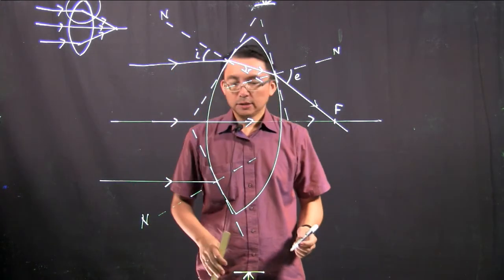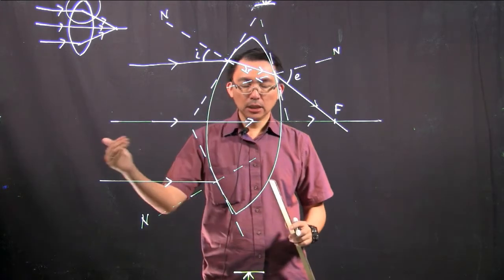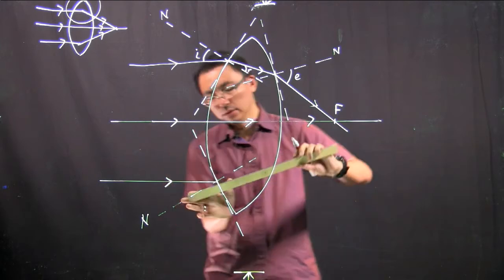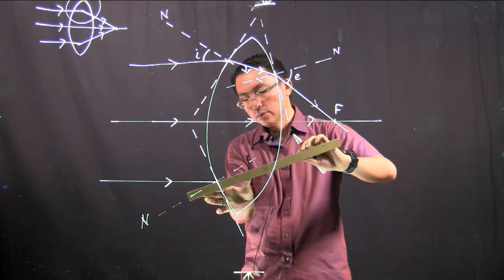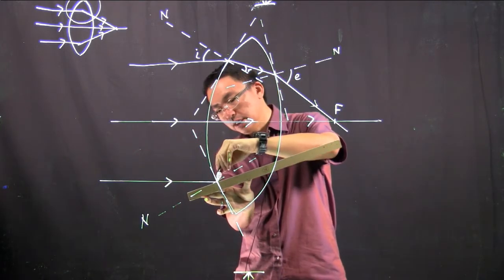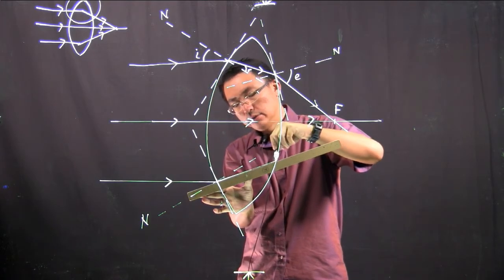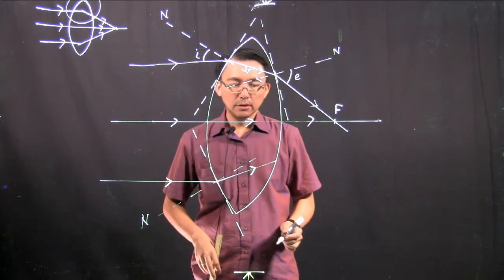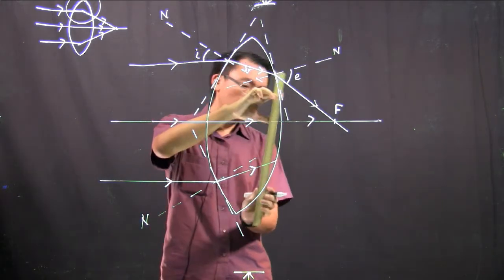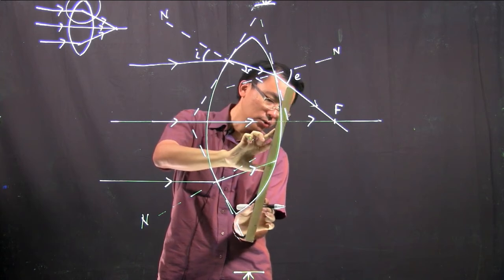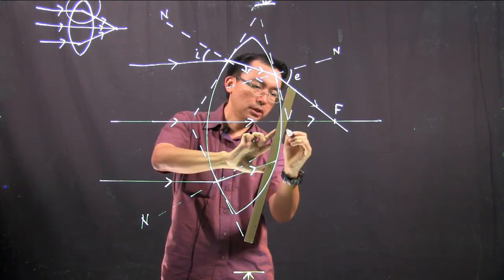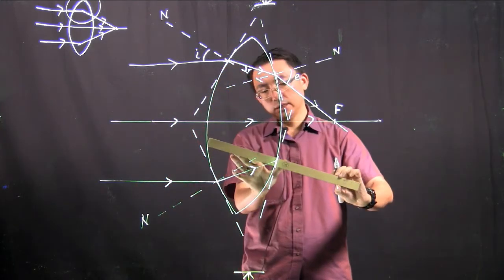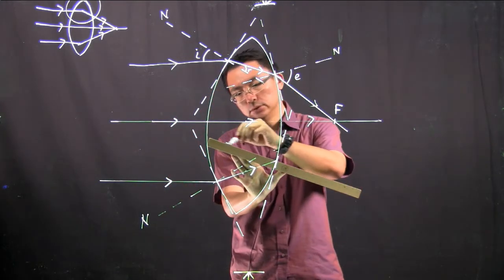Same as before, from a less dense region into a denser region, which is the lens, we draw the refracted ray nearer to the normal. On the other side, before it emerges out, you draw again the tangent followed by the normal.